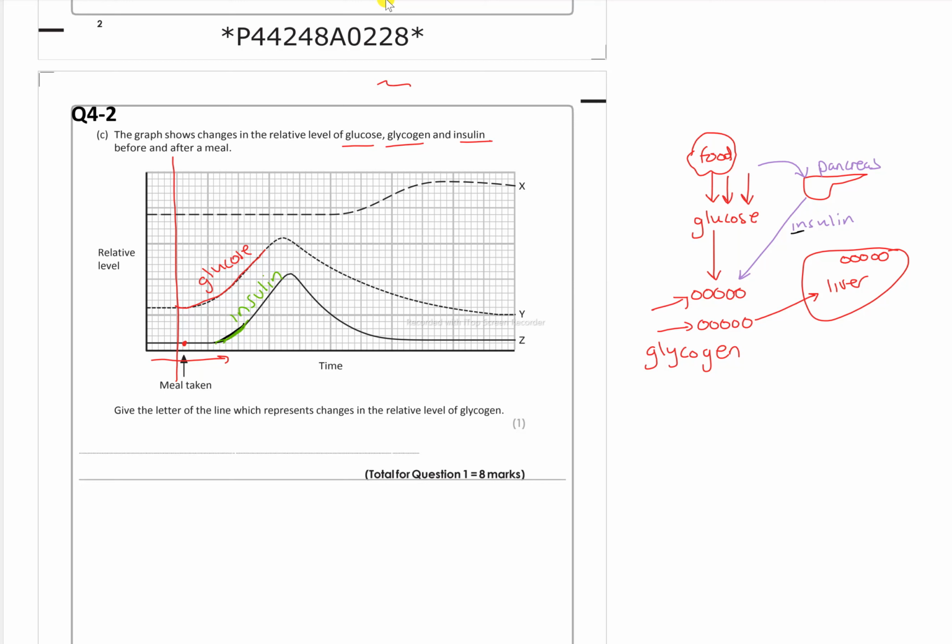As it starts storing the glucose, your glycogen level starts rising, and it's stored in your liver and muscle cells. Then as your body starts using it, it will go down a bit again. So X is glycogen. I hope that makes sense.